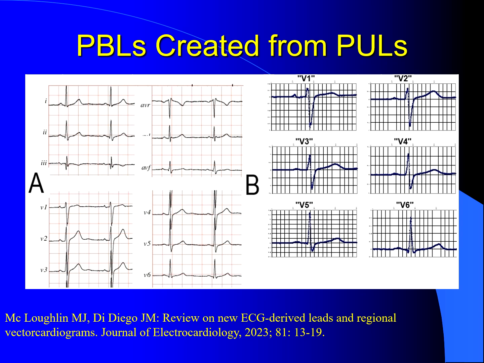PBLs created from PULs. This slide shows in panel A the representation of a standard 12-channel electrocardiogram, and in panel B the same 6 precordial leads of the same electrocardiogram, with the difference that in panel A the amplitude standard is similar for all the tracings, and in panel B it's different because of an attempt to achieve a better visualization of the trace, even sacrificing the amplitude comparison between the traces.